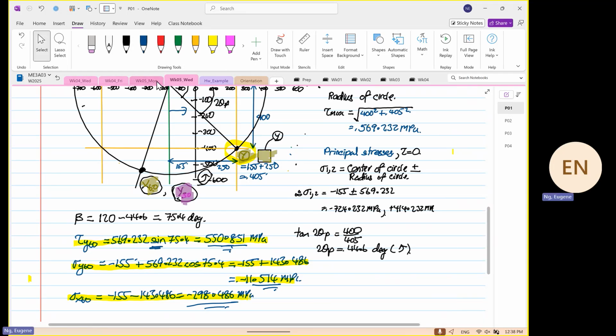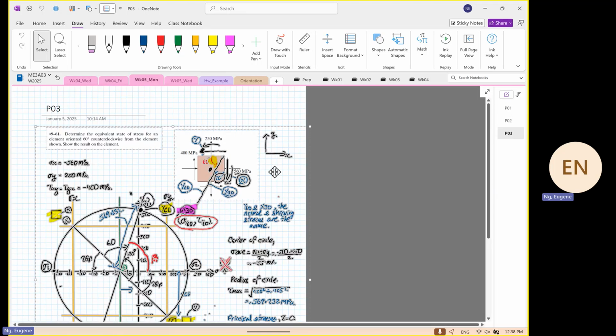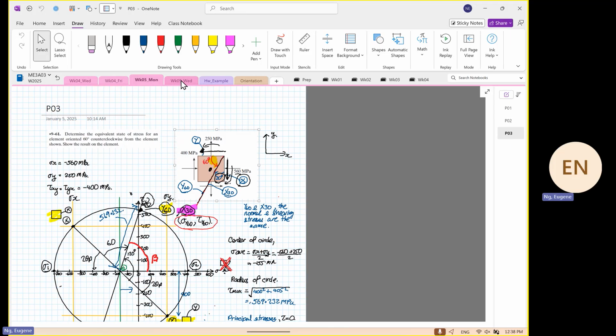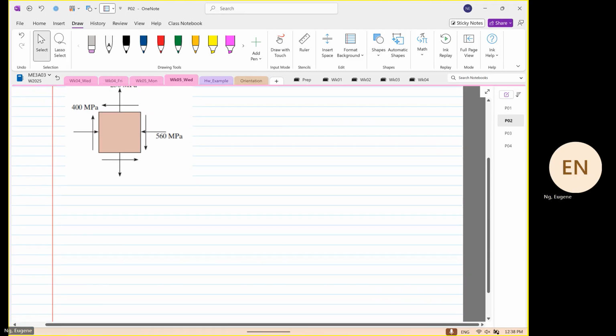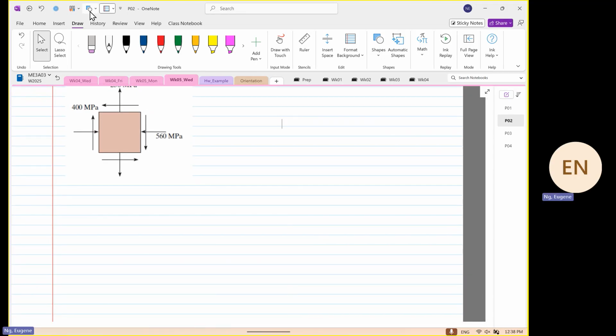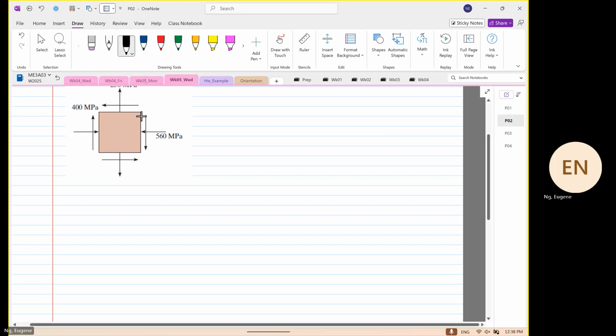Because there is a big mess, I'm going to make it not so messy now. So this is the element that we are dealing with. And we were told that we have to orientate this.